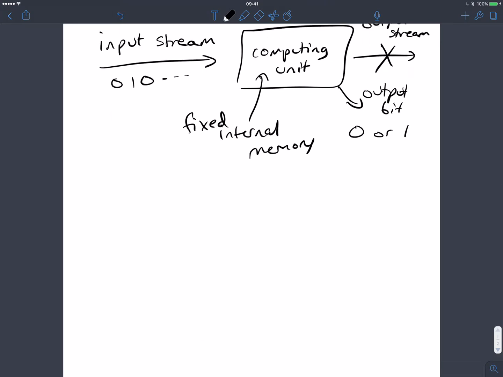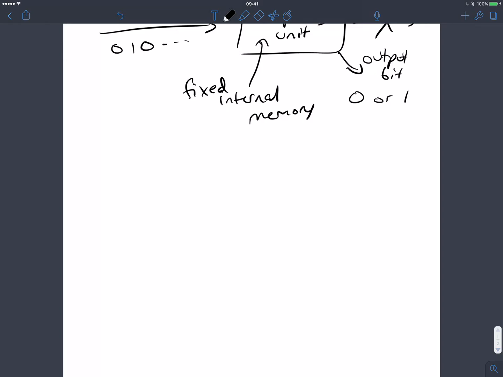So the input stream makes total sense. It's a stream of bits or whatever. Output stream, just a single value, 0 or 1. Some internal memory. So now we need to talk about what this computing unit does. And that's going to fundamentally change things, or not change things, but define what the model actually is.